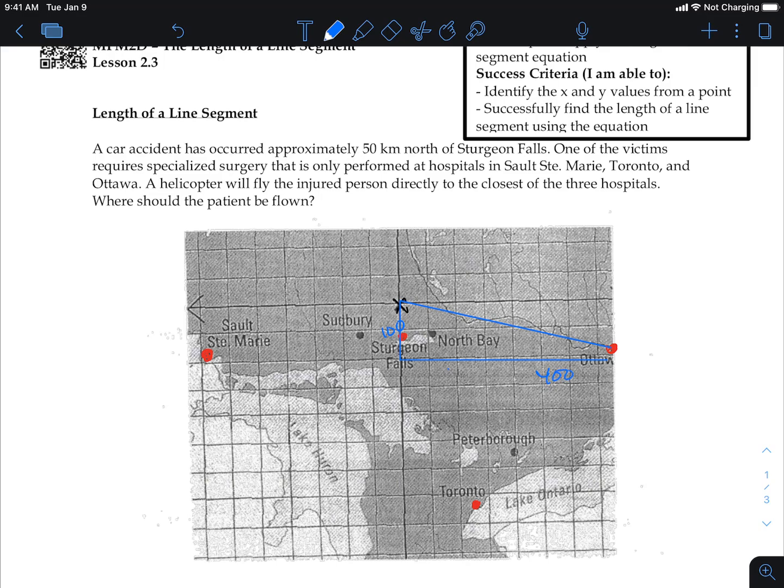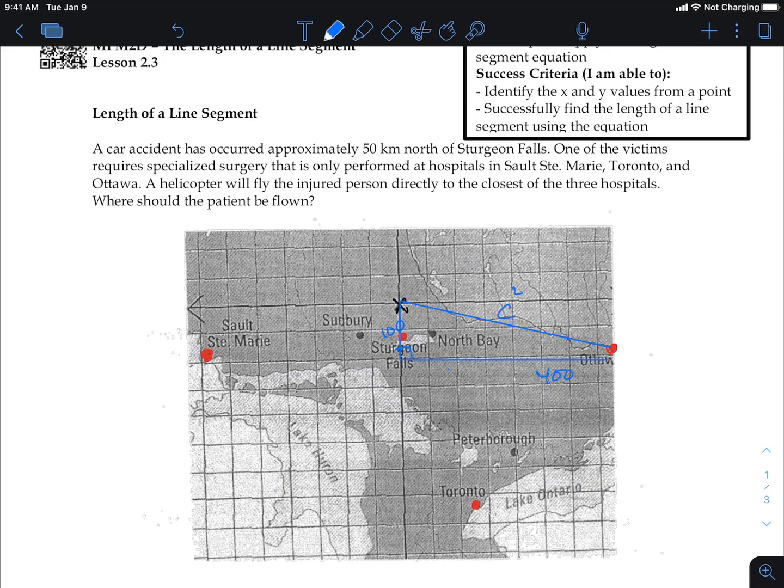This is a right angle triangle, is it not? It's kind of good that we've done this in this order, at least for this unit. We can figure out the hypotenuse, can't we? Pythagorean Theorem, right?